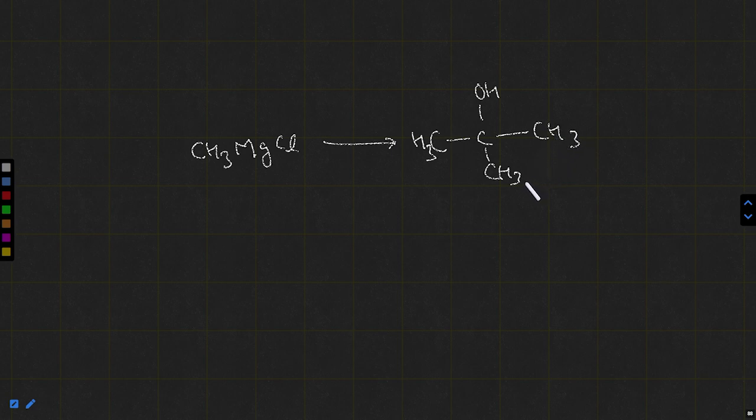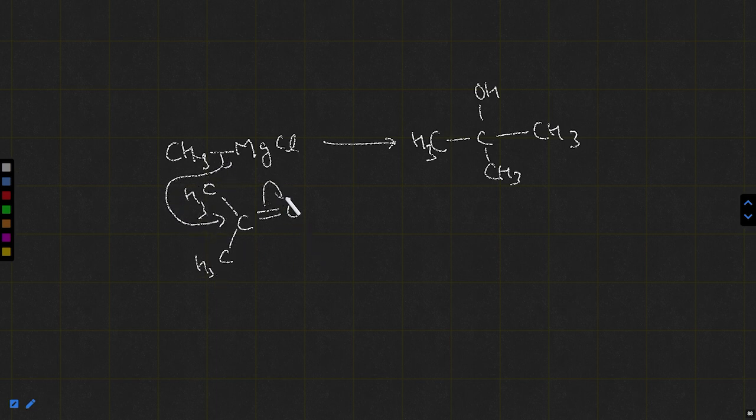So how will we do it? For that we will take this thing. Suppose we have CH3 here. So we need this thing. Okay, so we'll treat it with CH3, and this will attack here. It will move here.